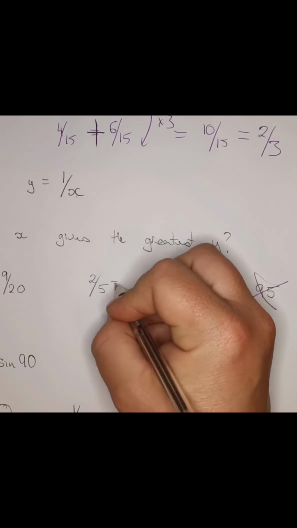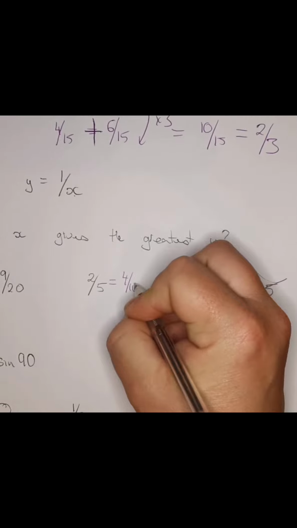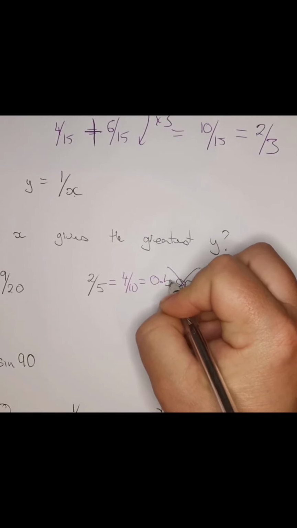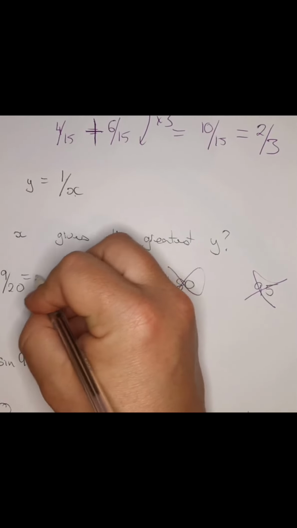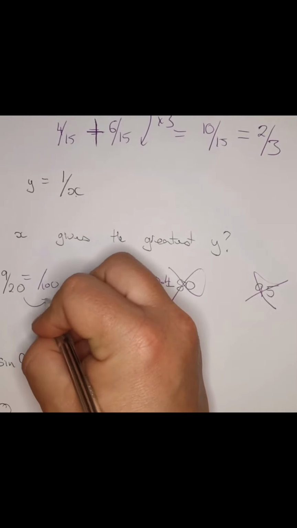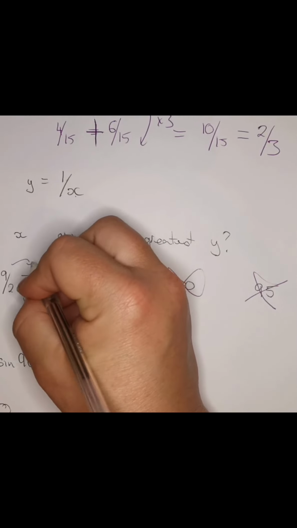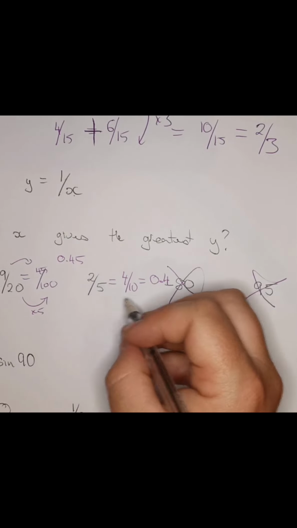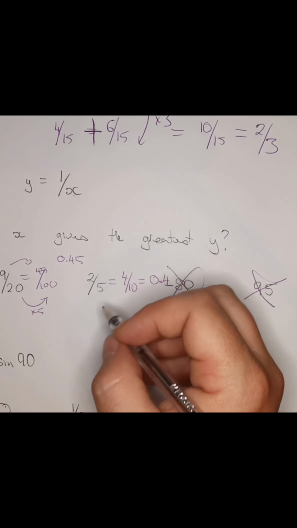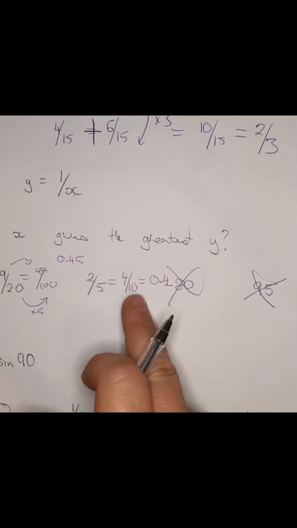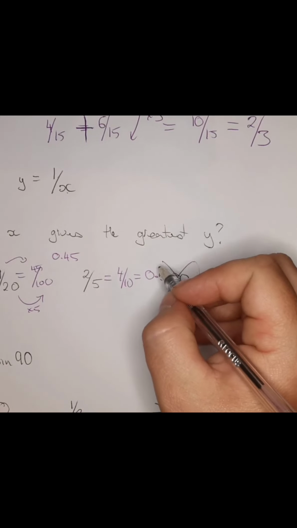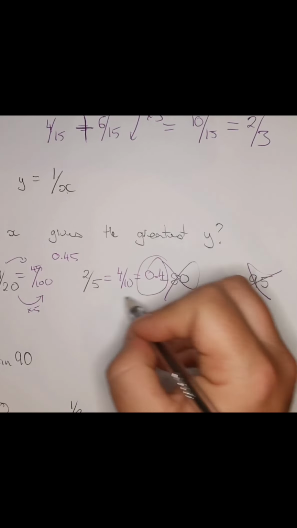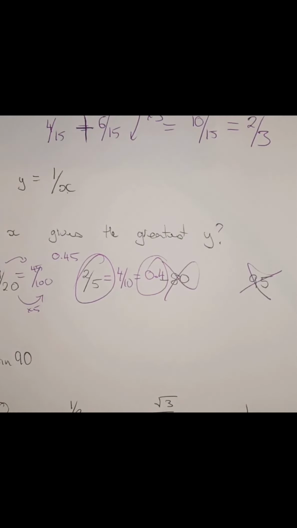So 2/5 is the same as 4/10, which would be 0.4. 9 over 20, if I pop that over 100, that's been times by 5. So that is 0.45. So the biggest one out of these two, it's not the biggest one I want though, is it, James? It's the smallest one I want. So the smallest one would be that one. So 2/5 is the one that I am after.